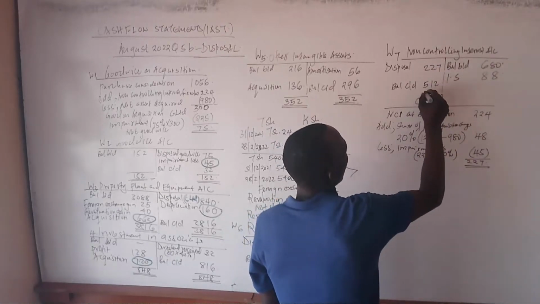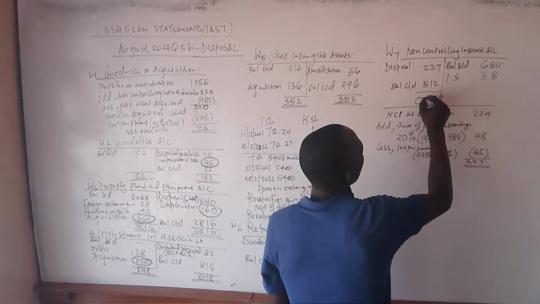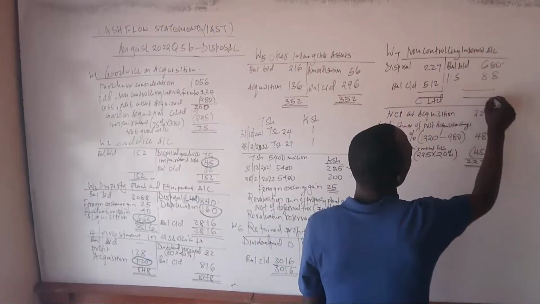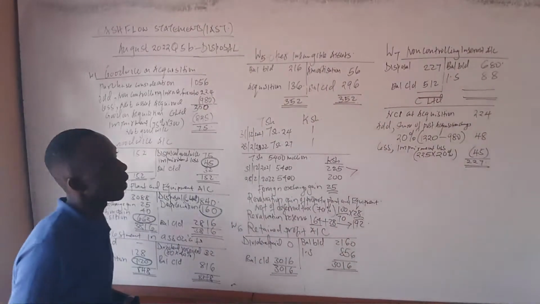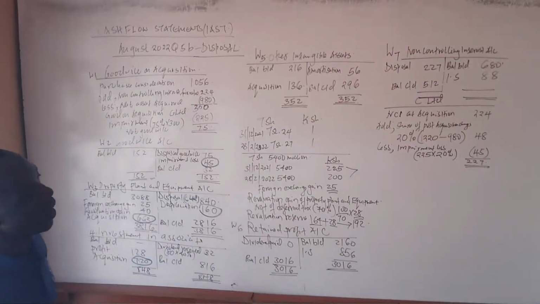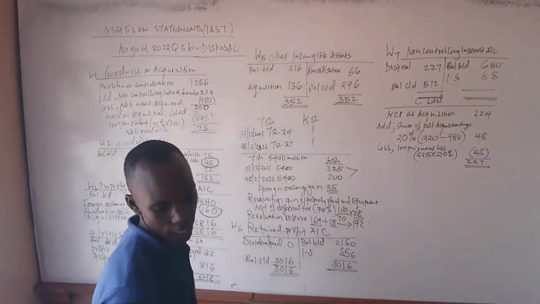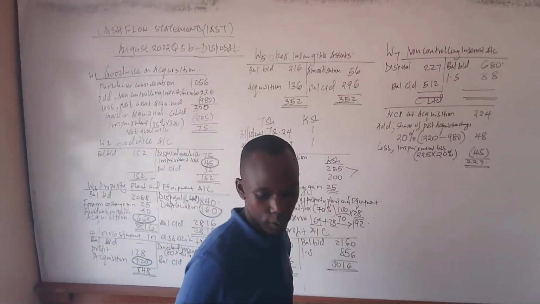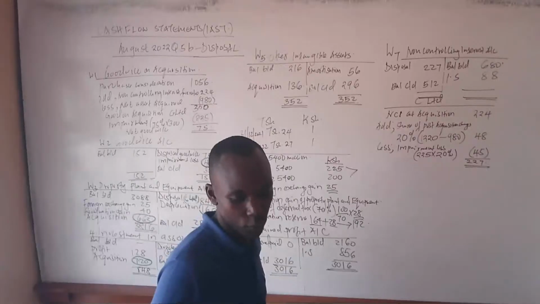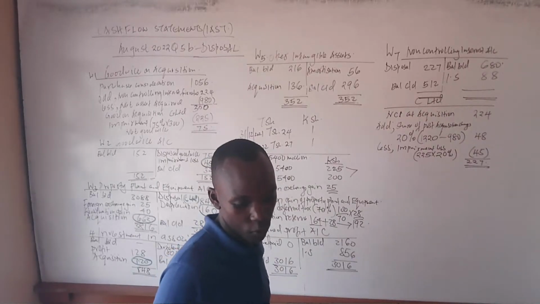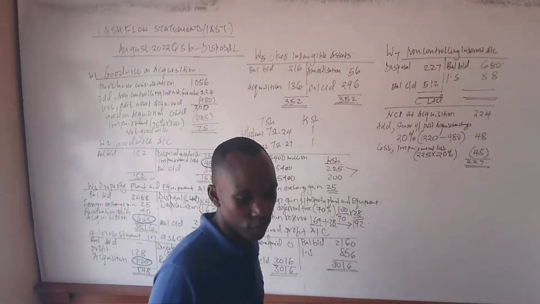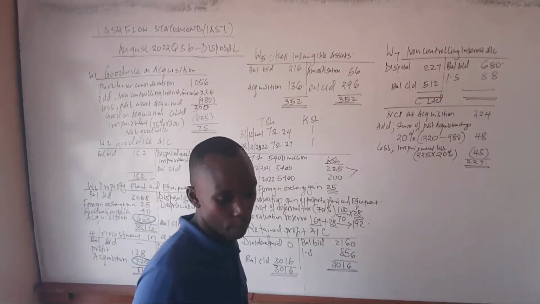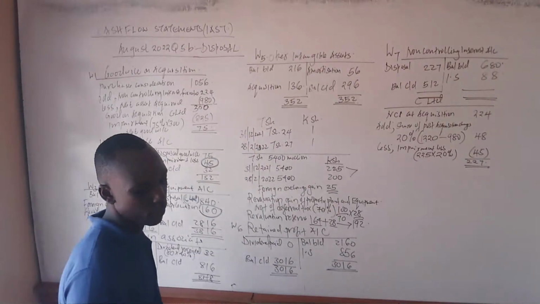And then from there, we do what? We balance our account to see whether there is a dividend paid to the NCI. We want to see whether there is dividend paid to the non-controlling interest.